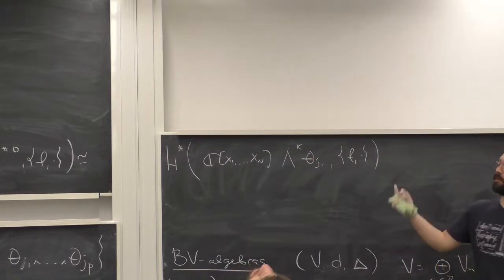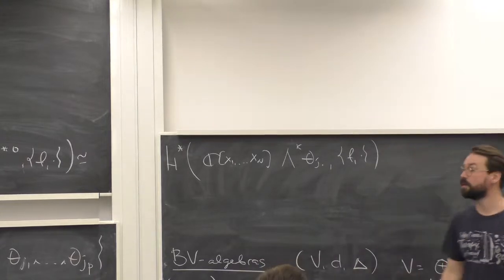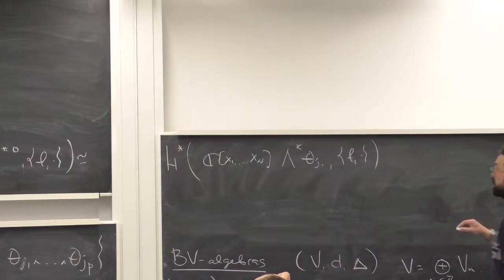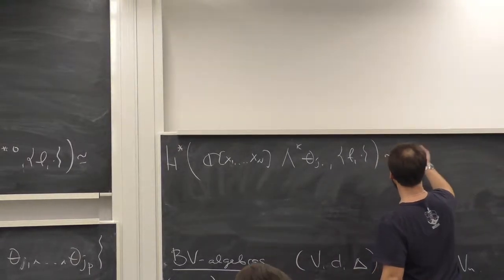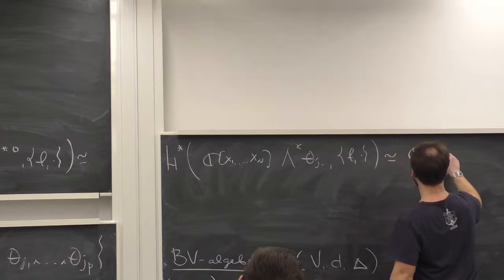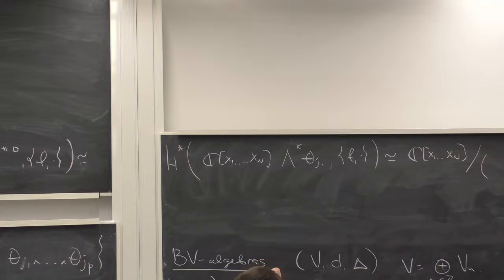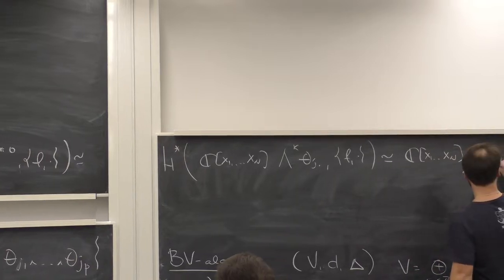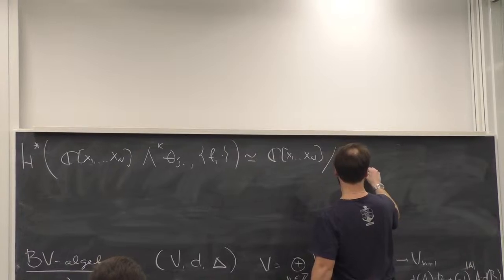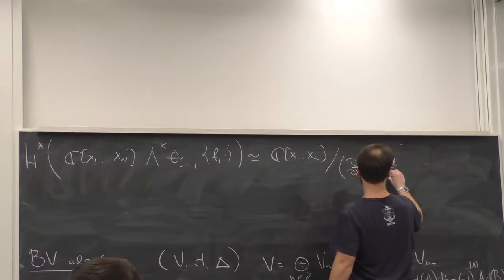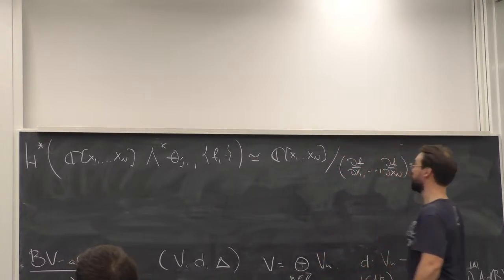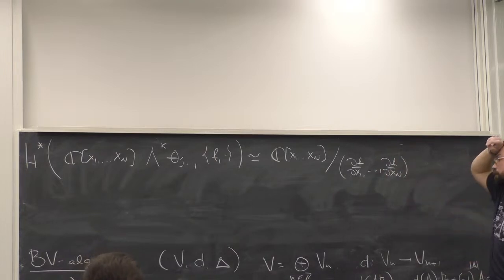So where I don't have any d-bar part now, and this is actually the factor of the polynomial ring by the ideal generated by the derivatives, as a vector space.